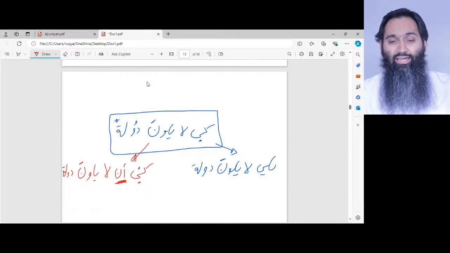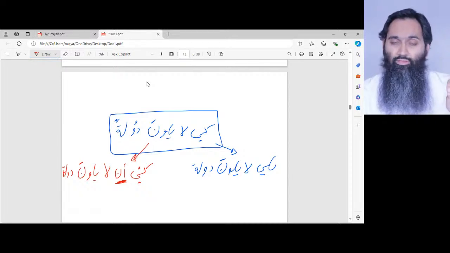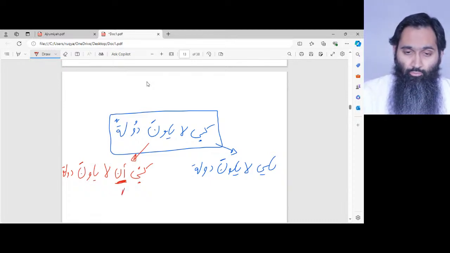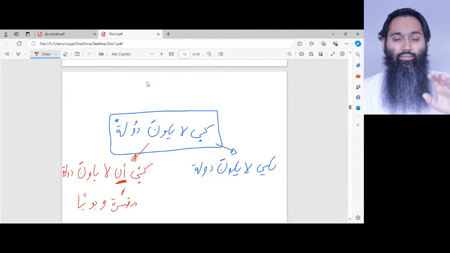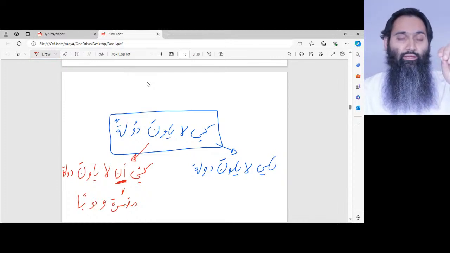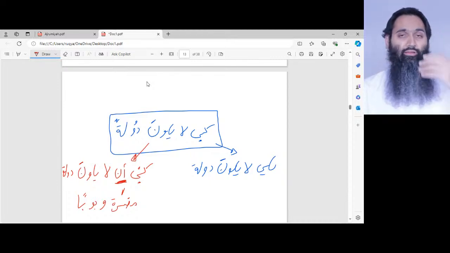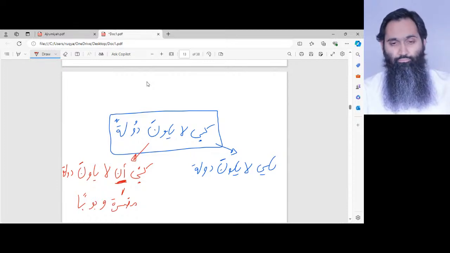It's the an that comes after kay. And this an is mudmaratun wujuban. Yani it is hidden. It being hidden is obligatory. Yani the Arabs never pronounce it. You cannot say it ever in speech, or you will never see it written with an there, but it's there.